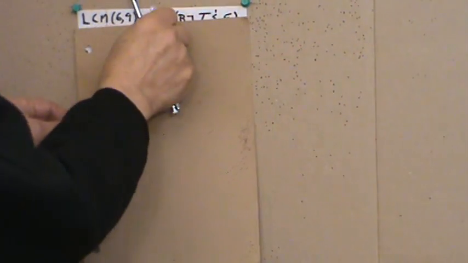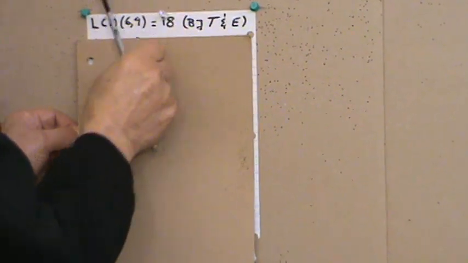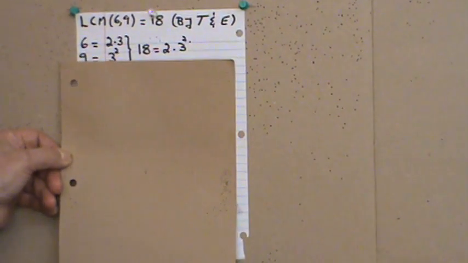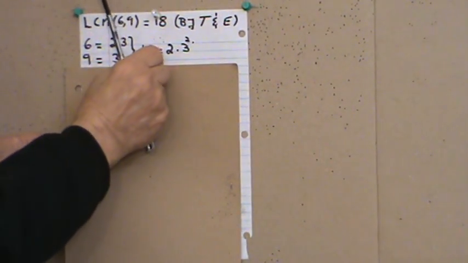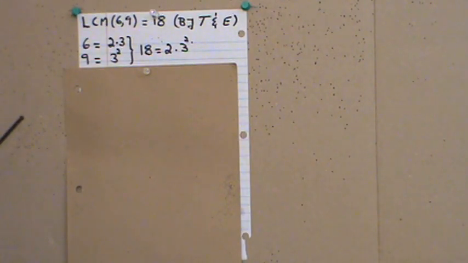Now, we want to find the least common multiple of 6 and 9. We know what that is. The least common multiple of 6 and 9 is 18. We already know the answer. That's why, as I said, the strategy is to look for a simple example to help us solve a hard problem.